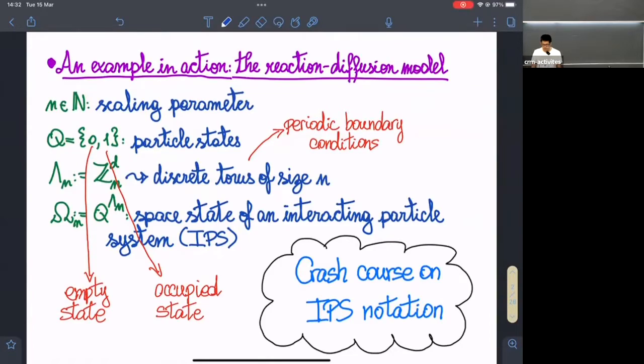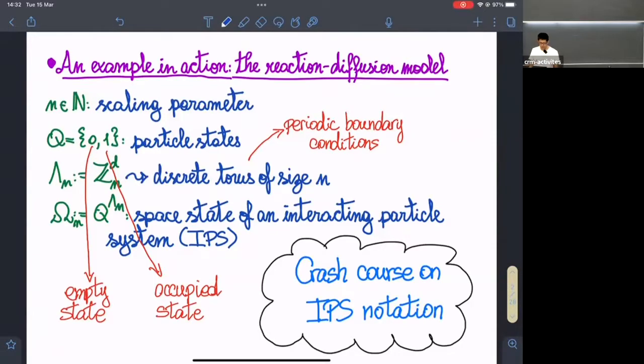In this case, n is a natural number that goes to infinity, and 1 over n is going to be the mesh of our system. So we're thinking about a discrete system that approximates a continuous system in some way. For example, in the lattice, the unit distance on the lattice becomes distance 1 over n in the continuum.